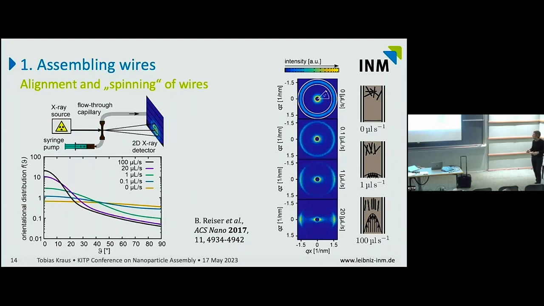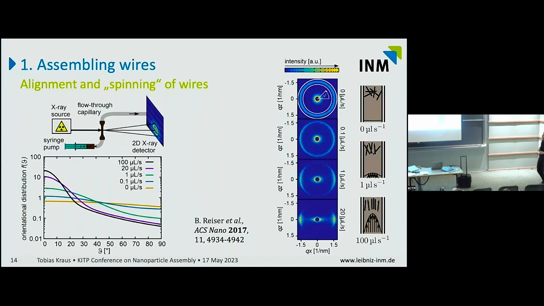You have shear. The wires are being aligned, and if these aligned wires now hit the ethanol where they precipitate, apparently they retain this alignment and they form fibers which are more ordered at different length scales than if you put this, well, this doesn't work because there's zero flow, but put this into the spin bath.